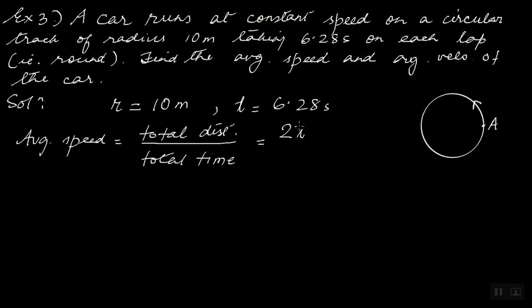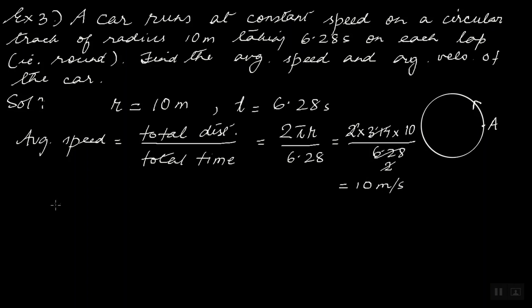And the circumference here is 2 pi r. Okay, and what time does it take to cover one circumference? It takes this time, 6.28, right? So here 2 pi, you can write this as 3.14, into r here is 10, by 6.28. Now 3.14 and 6.28 you can cancel, this goes 2, so you have 10 meter per second. That is the average speed.